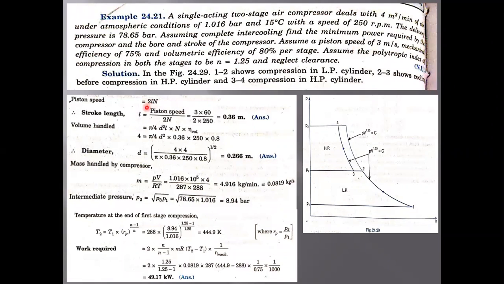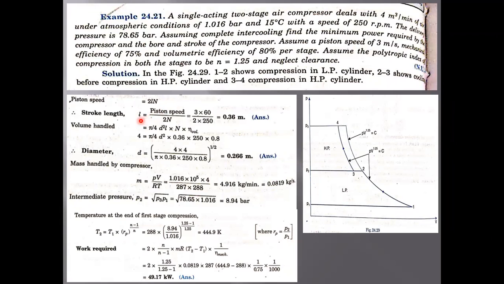So the mean piston speed is 2LN, a formula we already know from IC engines. In IC engines we studied this piston speed 2LN, which depends on the stroke length. We already know this formula from the first unit on IC engines.